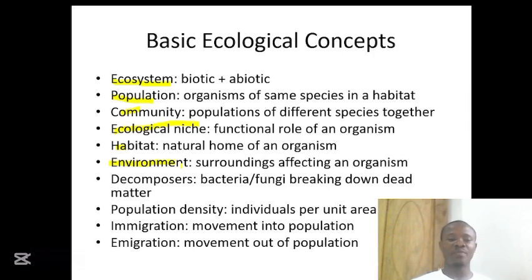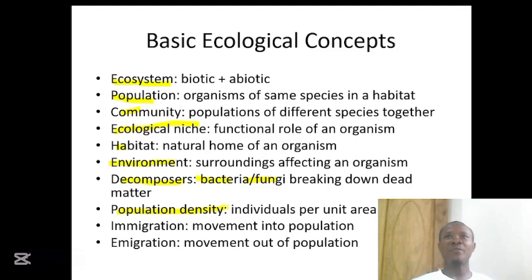And we have decomposers. Decomposers break down the remains of dead organic matter. Examples of decomposers are bacteria, fungi, etc. And we have population density, which talks about the number of individuals per unit area.